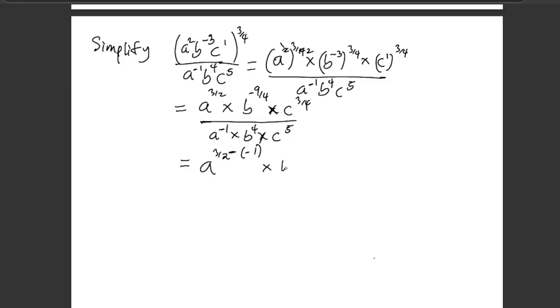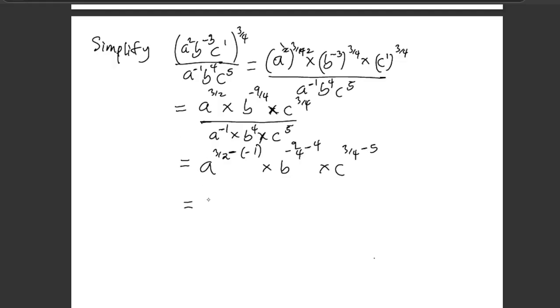Then times b to the power minus 9 over 4 minus 4 times c to the power 3 over 4 minus 5. So for a, 3 over 2 minus the a at the bottom, which has minus 1, subtract. For b, the b at the bottom has the power of 4, minus 4. For c, the c at the bottom has the power of 5.